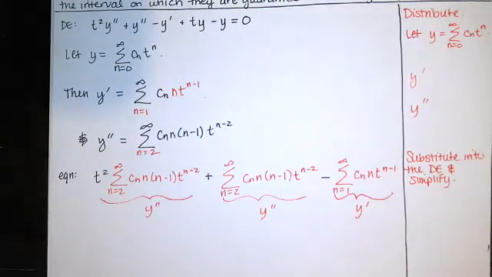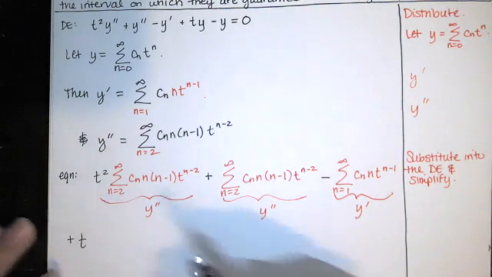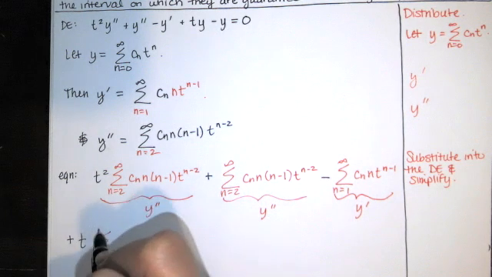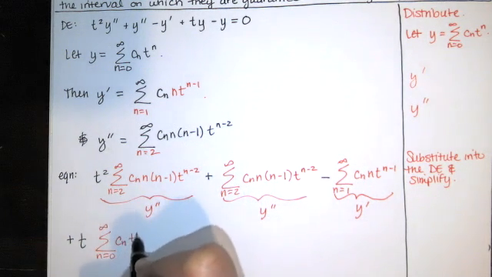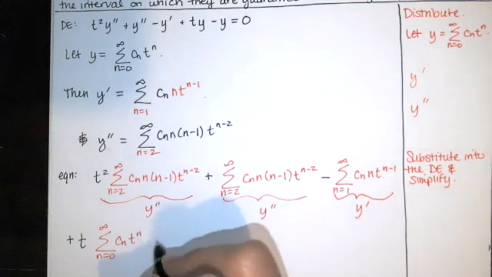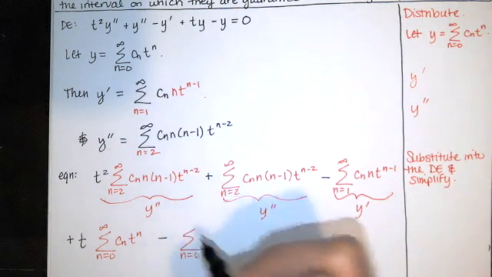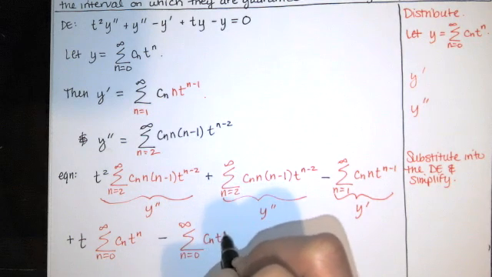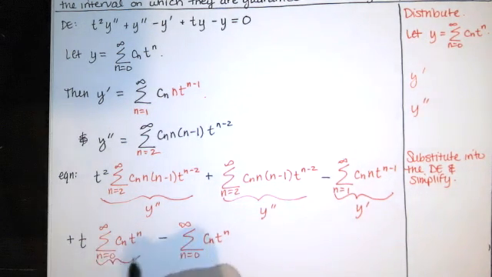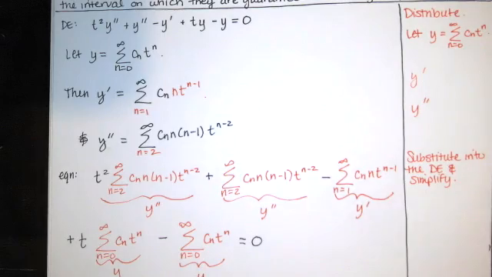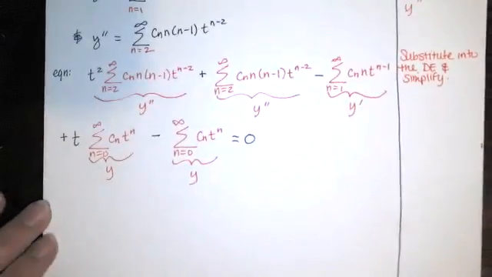And then we are adding t times y. And y was the sum as n goes from 0 to infinity of c sub n times t to the n. And then we're subtracting y itself. Okay, so we've got 5 series that we need to add together in order to find the values of those coefficients.